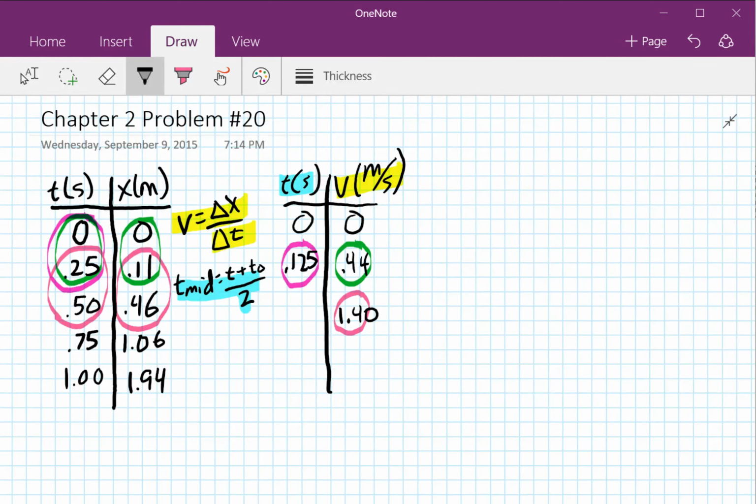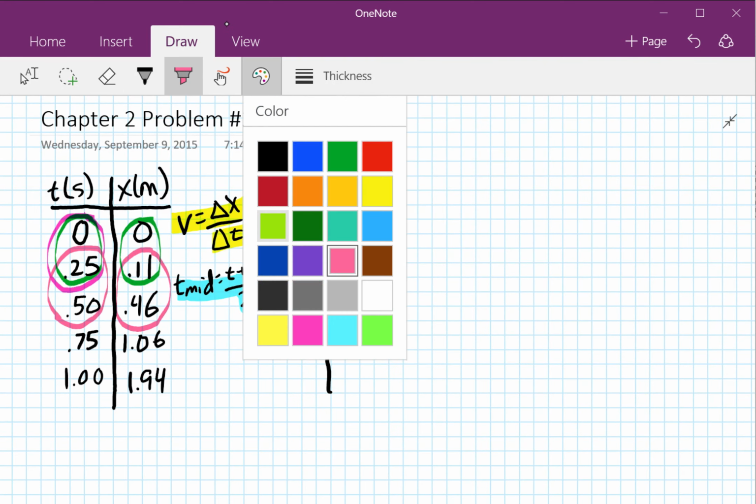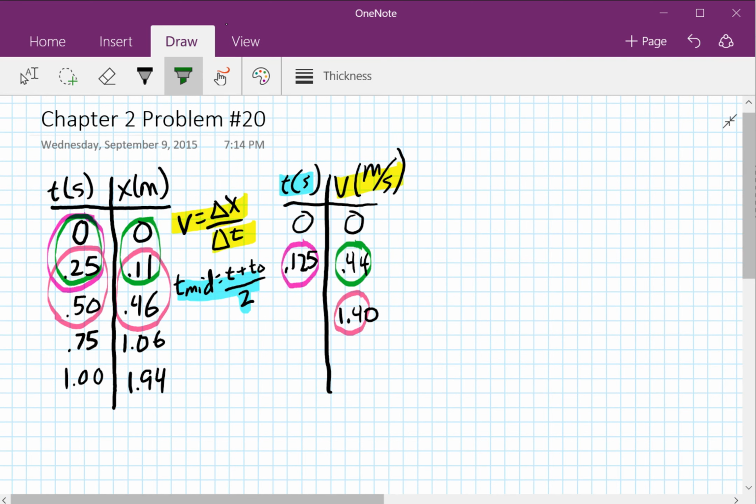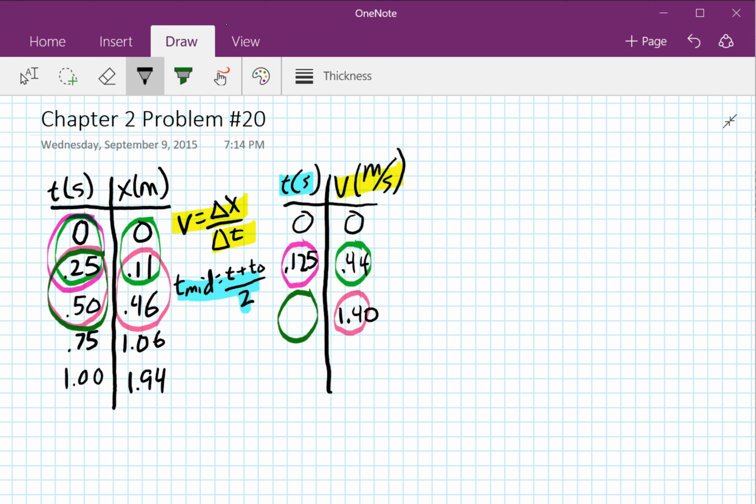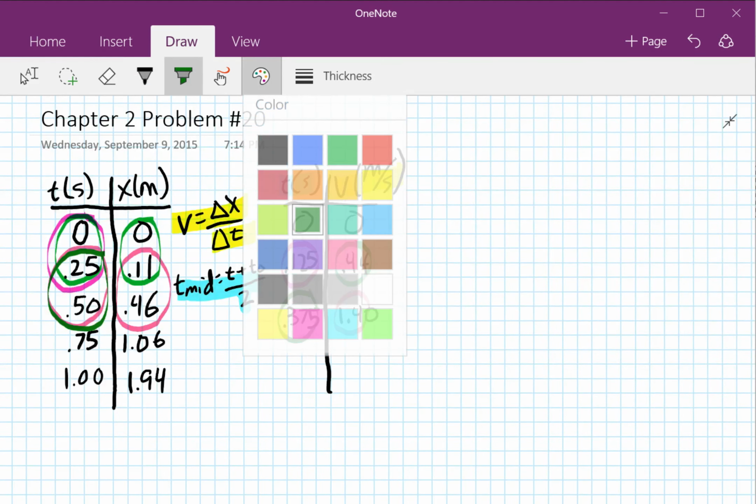For the time, we will use just the times. You do 0.5 plus 0.25 and divide by 2, you're going to get, oh, I forgot to highlight, so dark green. You're going to get 0.375. Hopefully you're seeing a pattern.